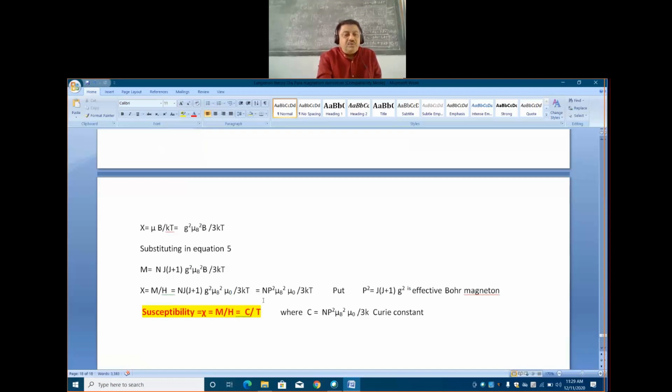So we put g square into (j plus 1) as p square, which is the effective Bohr magneton. Therefore, susceptibility chi becomes N p square mu B square mu naught by 3kT, and we can further simplify by writing susceptibility chi equal to M by H equal to C by T, where C is all these terms, that is N p square, which is the effective Bohr magneton, mu B square mu naught by 3k.